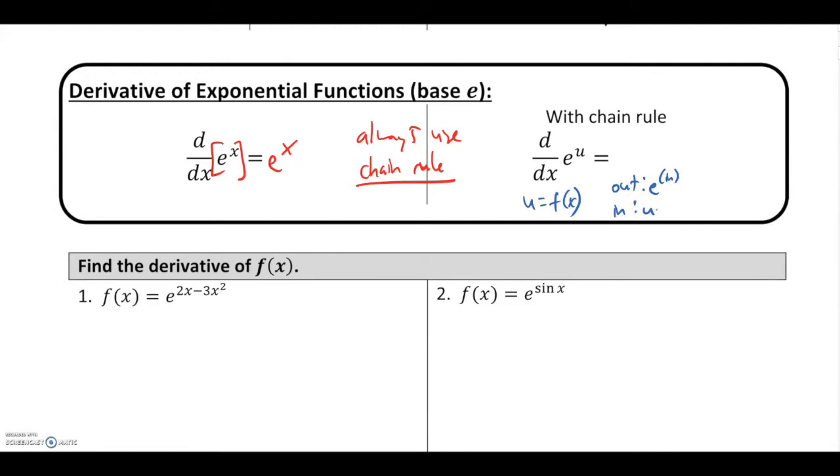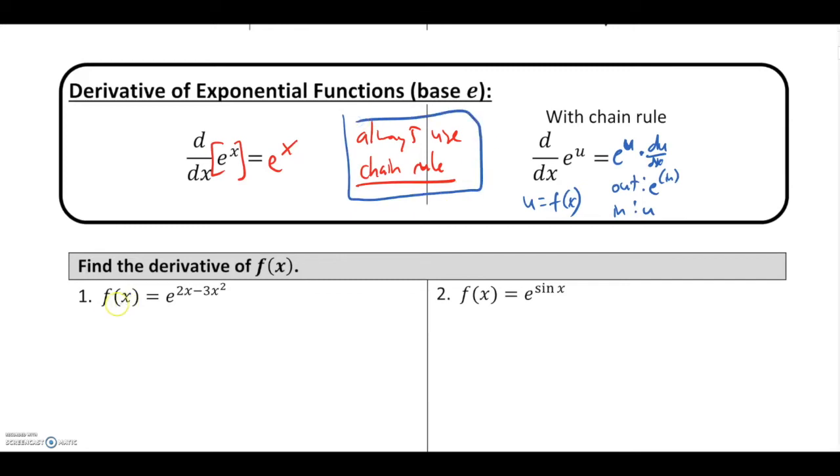And so with the chain rule, we would get the derivative of e to the u, the derivative of e to anything stays exactly the same. It's still going to be e to the u, but then times the derivative of that inside function, or derivative of that u function with respect to x. But just get in that habit like we did with trig, always use the chain rule, and we'll never forget it.